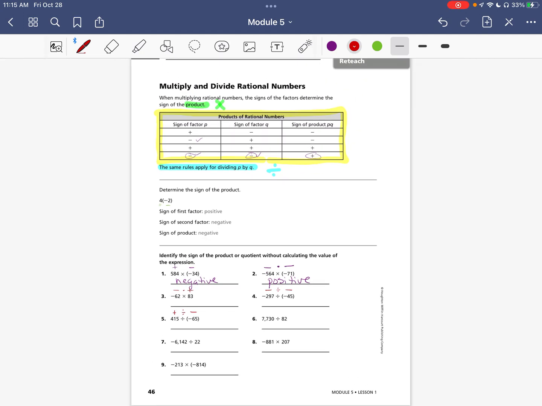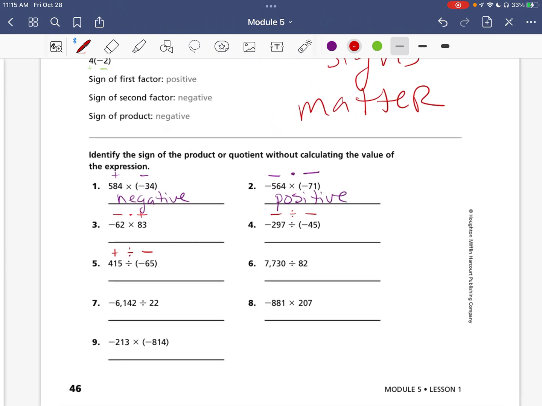So with multiplication and division, your signs matter. With adding and subtraction, that's when the size of the number matters. For here, just your signs. So pause your video, work through 3 through 9, and then when you think you have your answers, unpause, and they will be displayed for you.